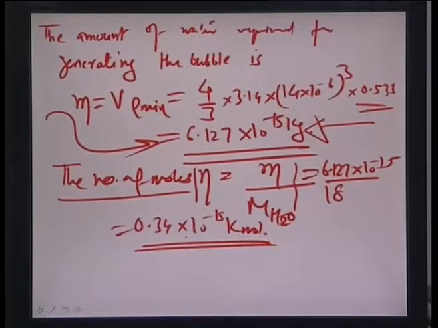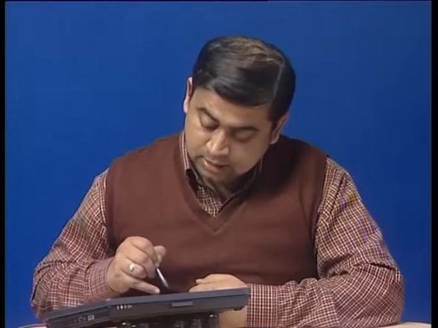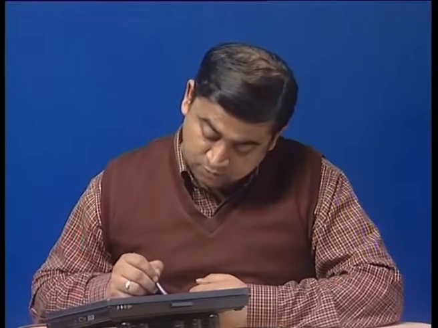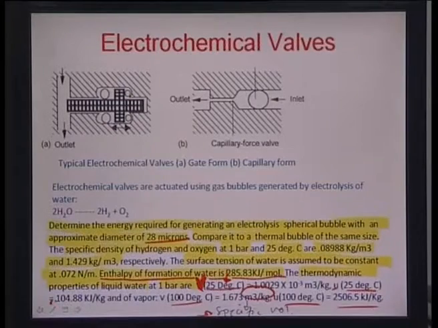Okay. So as we also know from the question here, the enthalpy of formation of water, and this is actually the electrochemical enthalpy of formation, is 285.83 kilojoule per mole of material. And we already know how many moles have to be made. So the total amount of energy which would be needed for making the electrolysis bubble essentially is nothing but this enthalpy of formation times the number of moles.